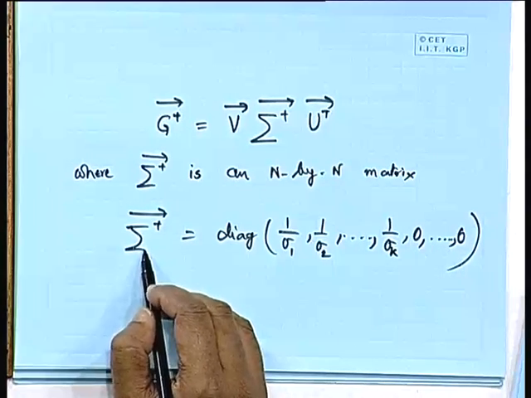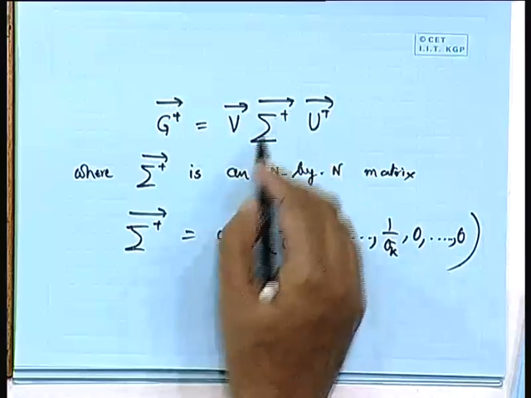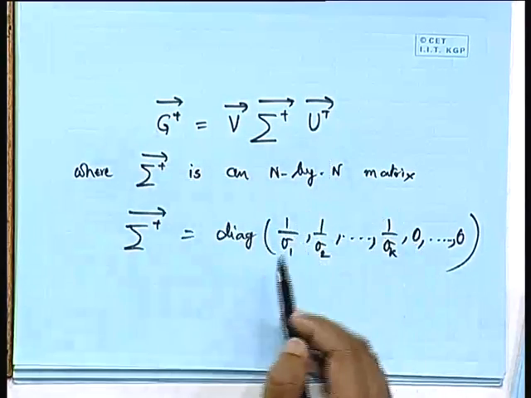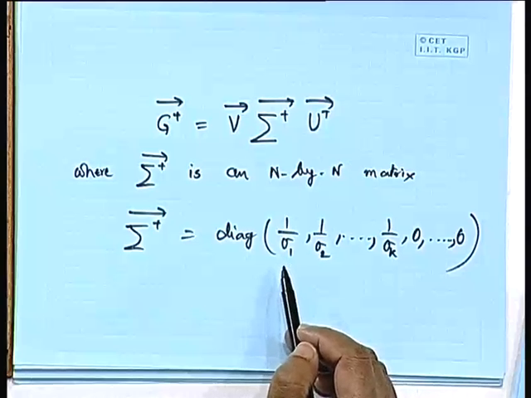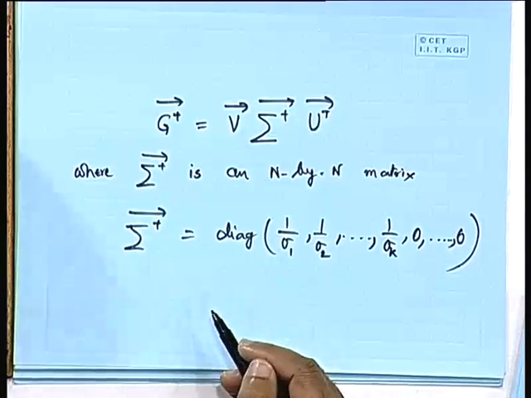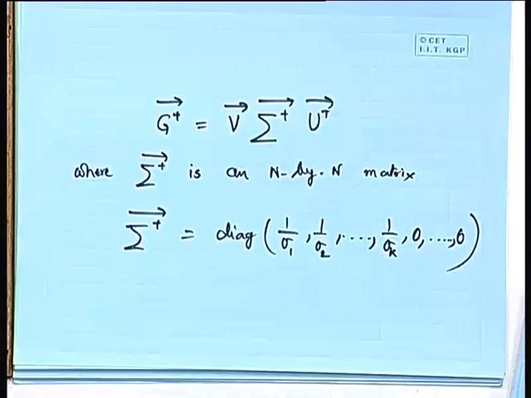Making use of the sigma plus matrix, and because we know the V matrix and U transpose, we can get the pseudo inverse. Good techniques are available for this pseudo inverse computation.